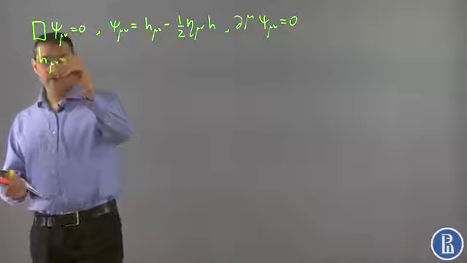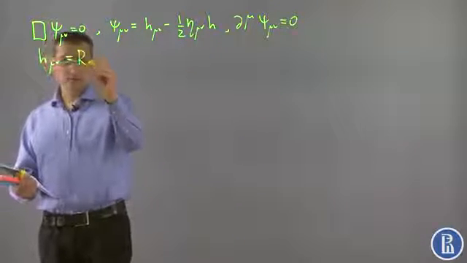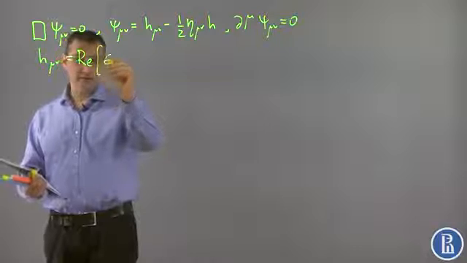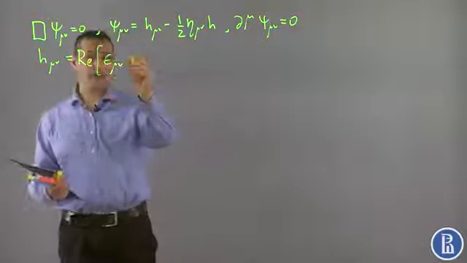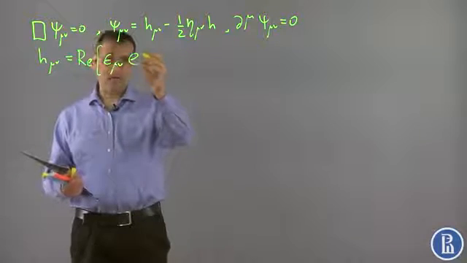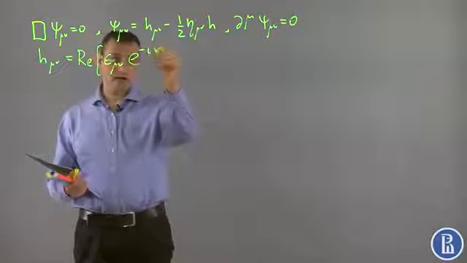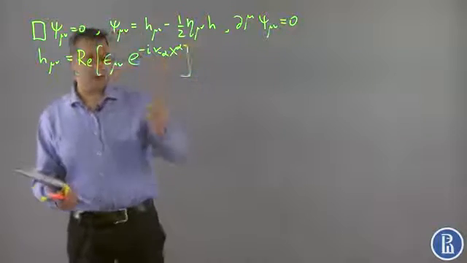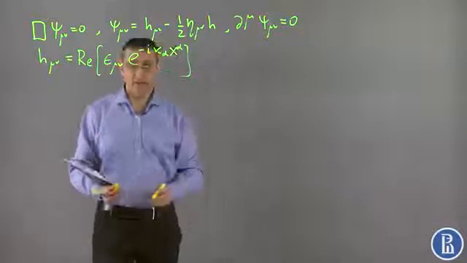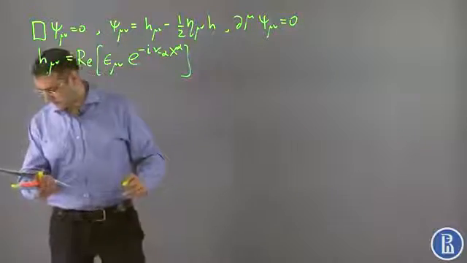And we have been looking for the solution of this equation in the form of the real part of epsilon mu nu, where this is a complex tensor, times exponential of minus I k alpha x alpha, and k and epsilon are constant, x independent. k is real, epsilon is complex.